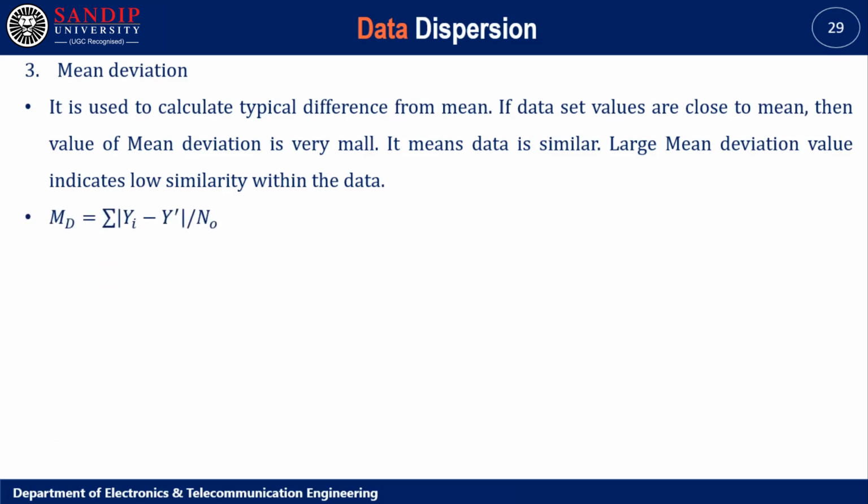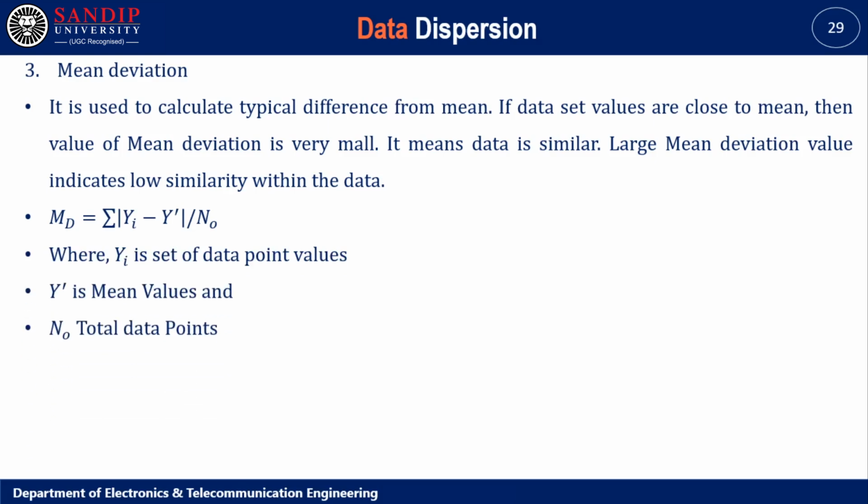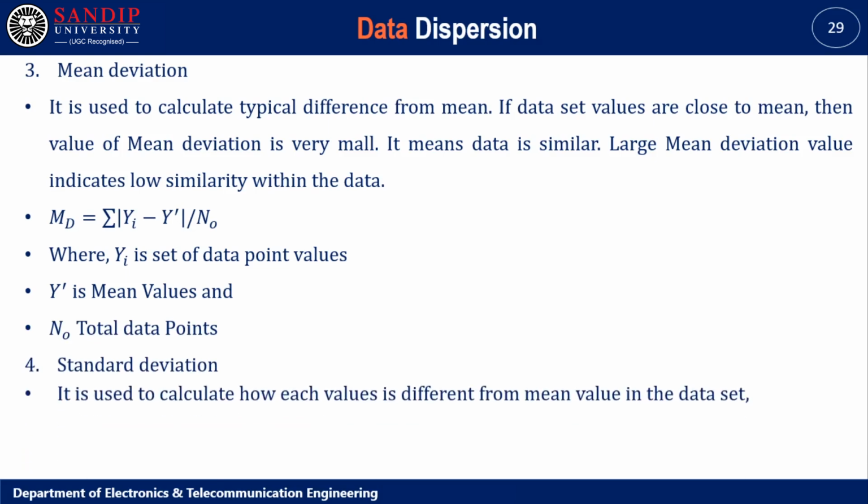MD is equal to summation of mod of (y_i minus y dash) divided by n_0, where y_i is the set of data point values, y dash is the mean value, and n_0 is the total number of data points. Standard deviation. It is used to calculate how each value is different from the mean value in the data set. S is equal to square root of summation of (x_i minus x bar) whole squared divided by n, where S is the standard deviation.